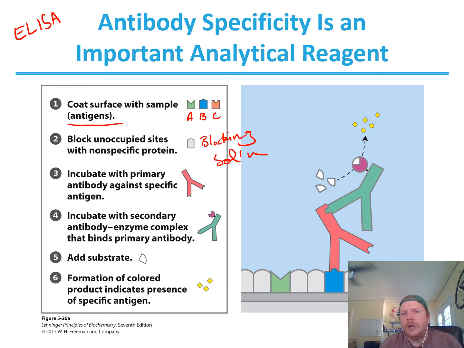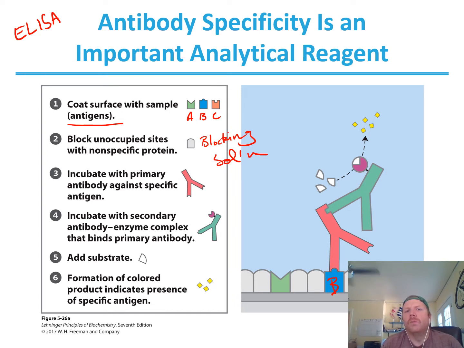Then you're going to incubate that surface with a primary antibody. That primary antibody will detect, in this case, antigen B, and it will adhere to that. When that is present, then our secondary antibody, which has an enzyme attached to it, will bind to our primary antibody.